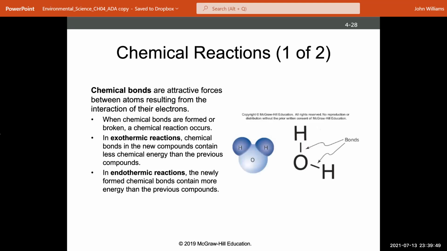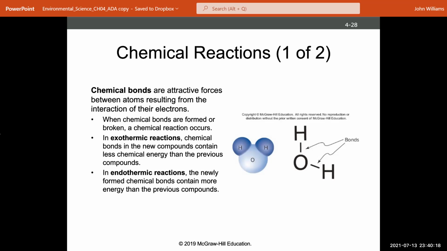And so chemical bonds are attractive forces between atoms that make an interaction between their electrons. When the chemical bonds are formed or broken, you get a specific reaction to occur. In exothermic reactions, bonds in the new compounds contain less chemical energy than the previous compound, so they've released energy.